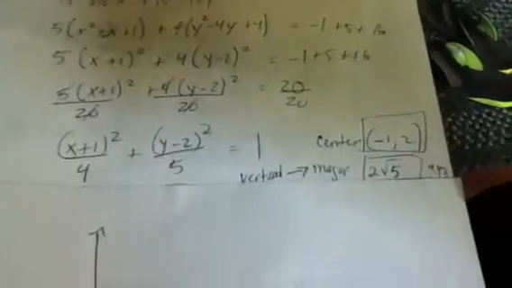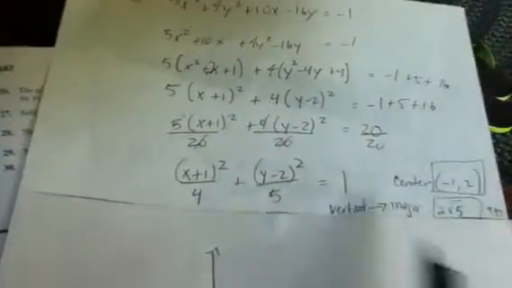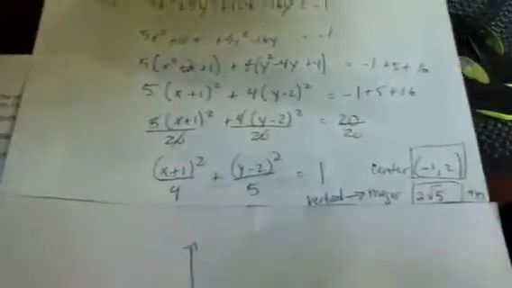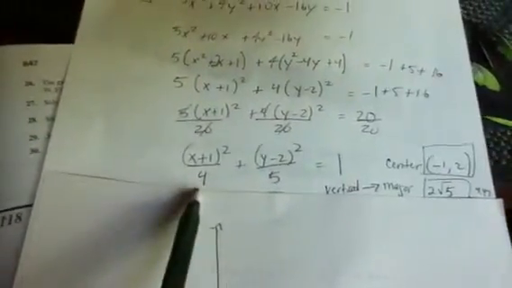When they want the length of the major axis, I look at which one has a bigger denominator. The y one does. So y is the major axis, which means it's vertical. And the length is going to be 2√5, because remember the standard form has an a squared and a b squared here.